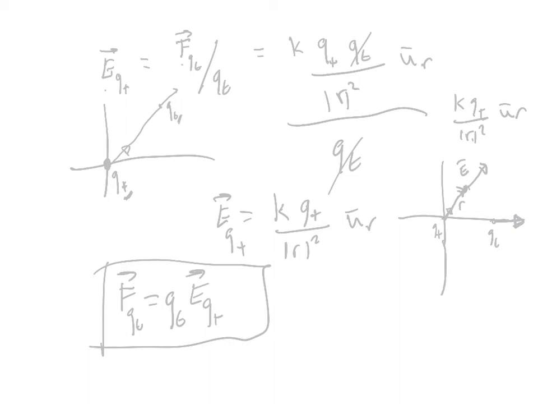At this point, the electrical field will be lower because the distance is larger, but will be in this direction because this is the direction of u sub r, and so on. If I'm here, the electrical field will be very intense in the direction of u sub r. Well, this is what you have to know.